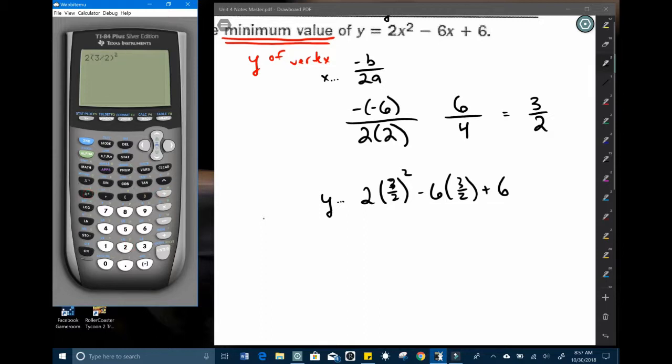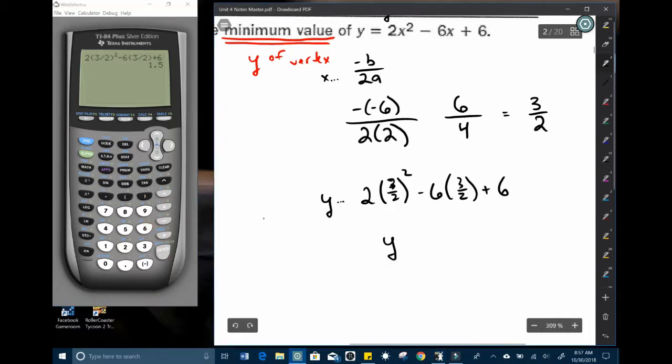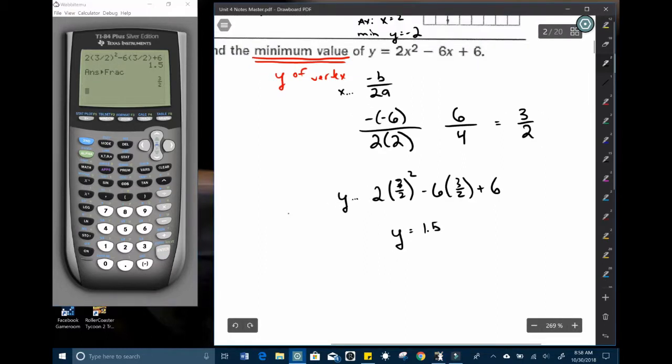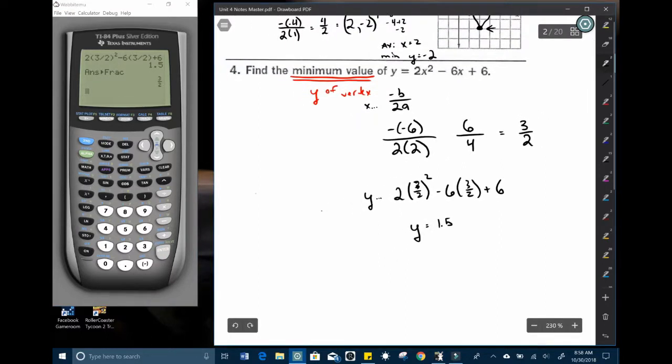Now notice, parentheses, minus 6 times 3/2 plus 6 equals 1.5. So y is equal to 1.5. As a fraction, that is also 3/2. Minimum value is y is equal to 3/2.